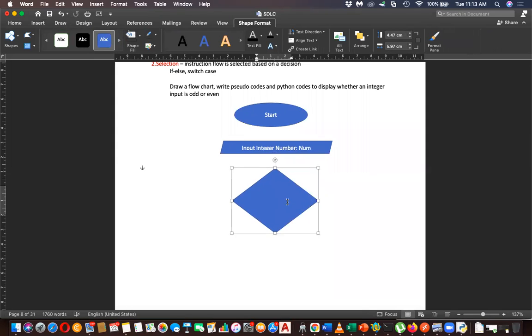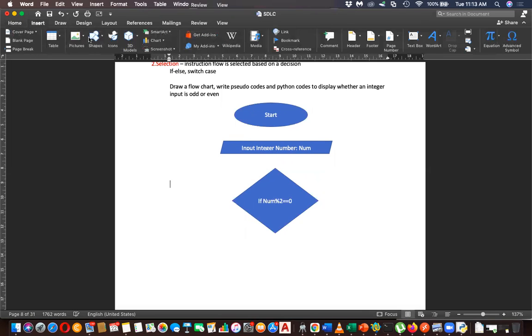Basically, if that number modulus 2 is equal to 0, meaning the remainder after dividing is 0, then you can say this is an even number.